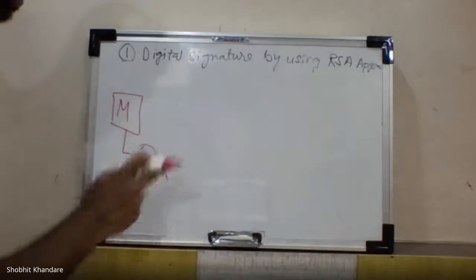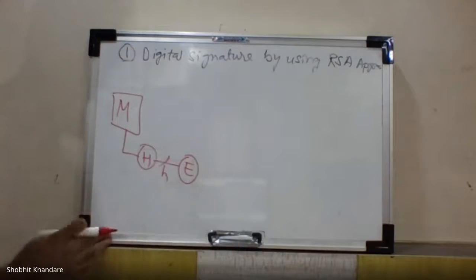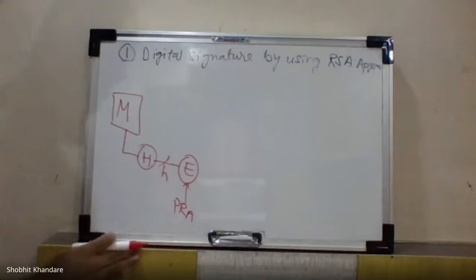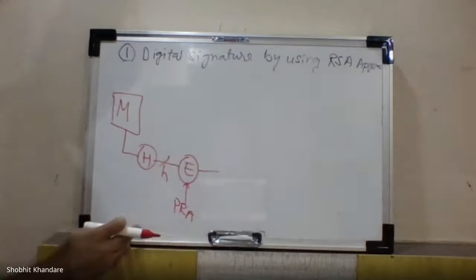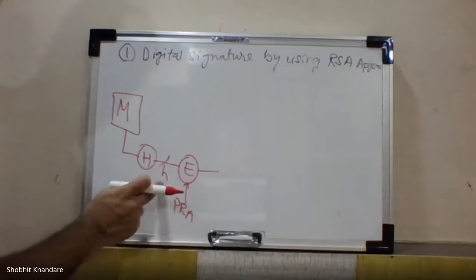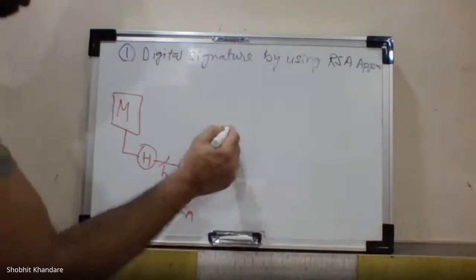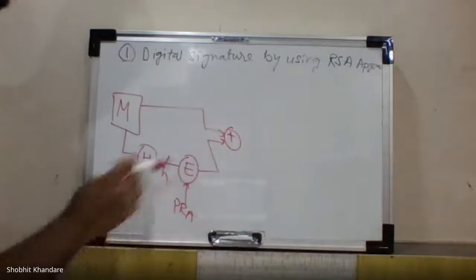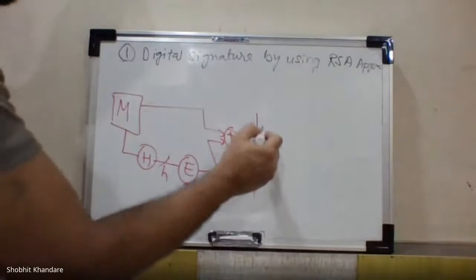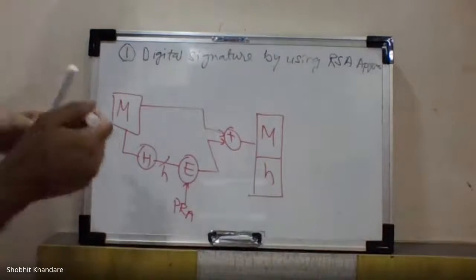Then you use the encryption algorithm over the hash code, that is, I have to use encryption on the hash code, again using RSA. Since I have encrypted the hash code, this encoded hash code is appended with the plain text message, so that I get the message as well as the encoded hash code. You can show this by dashes.